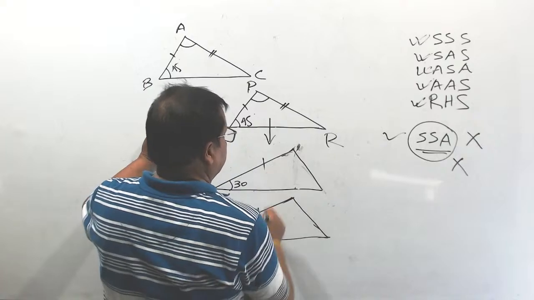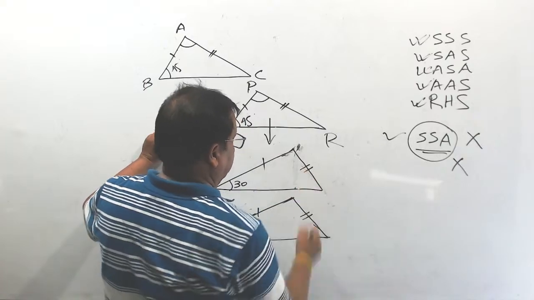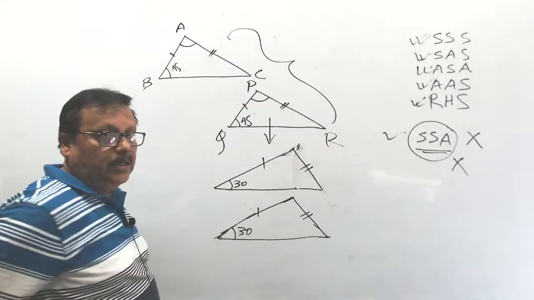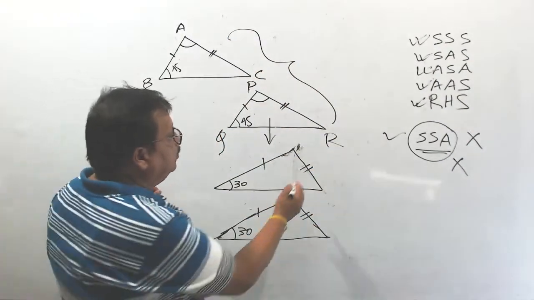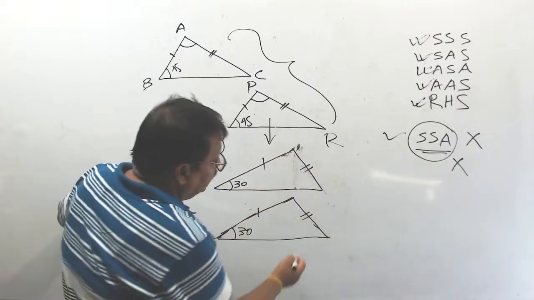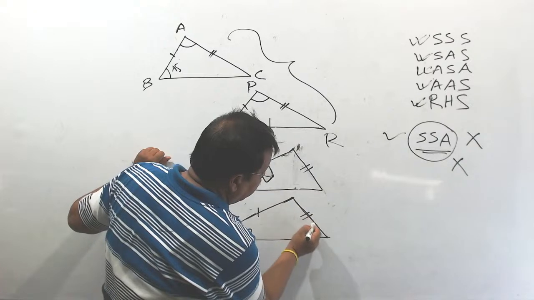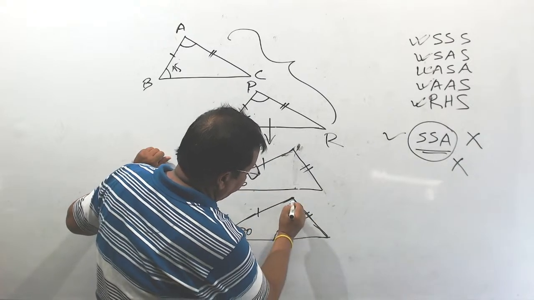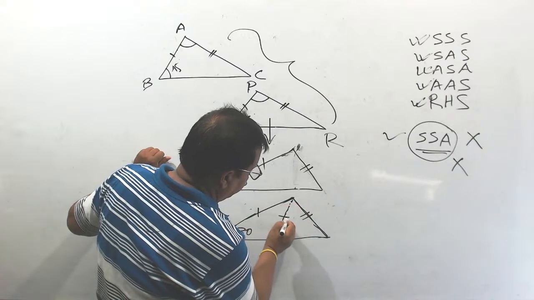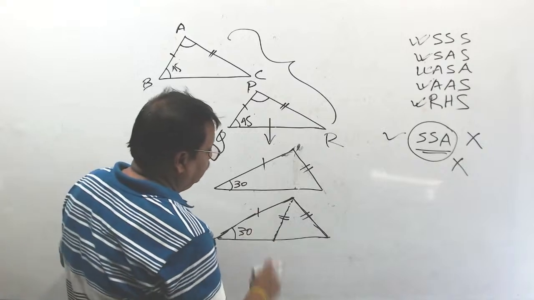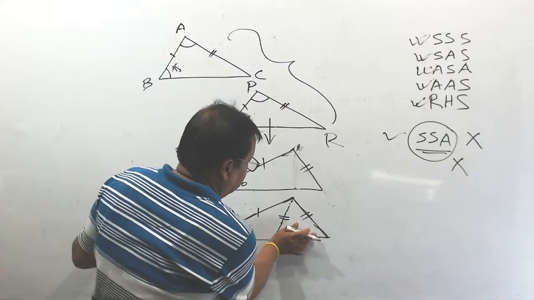This side equal to this side and this side equal to this side. This was congruent by using that one. Now also side, side, angle. Can you shift this side like here? This side also equal to this side. Understood?